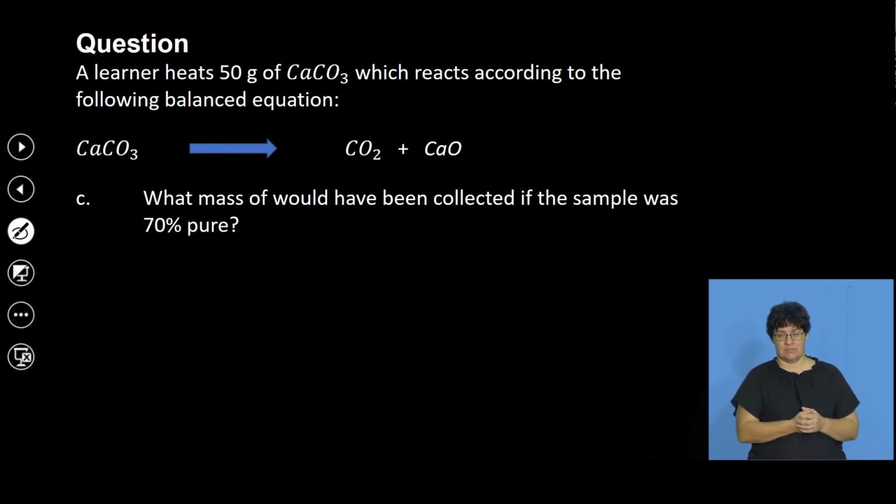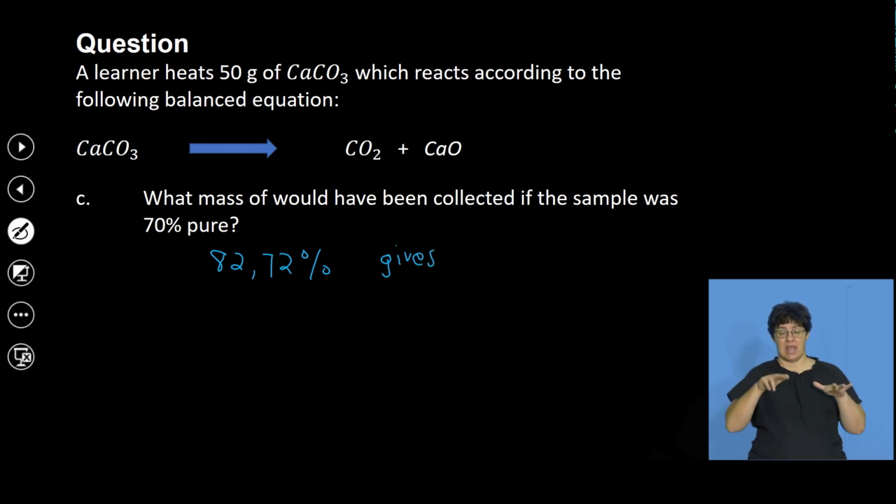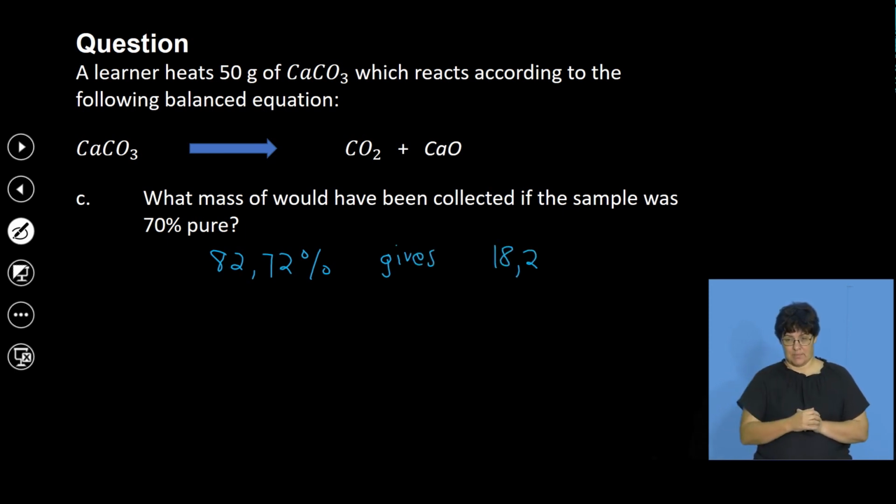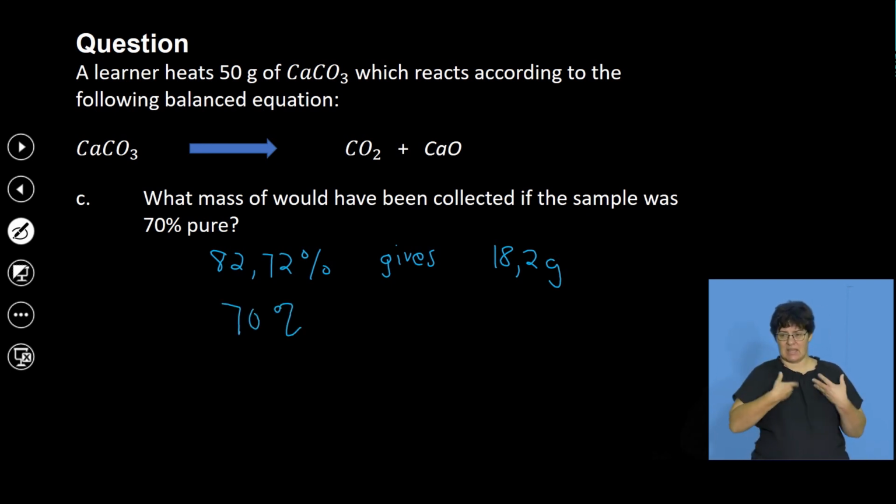So if it was 70%, what would be the new mass that will be collected? 82.73% purity will give 18.2 grams. What about 70%? We can model this and say X. So we are using the same mass that we are given, which is 18.2.